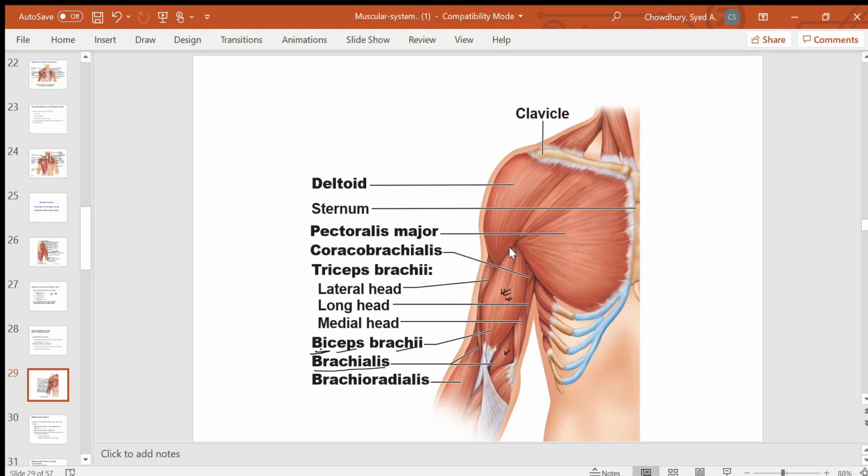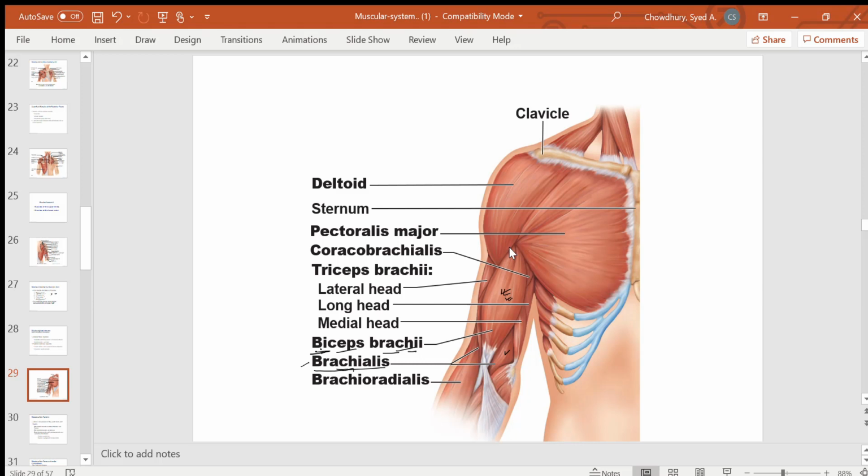You see, all names have brachii or brachial. So, triceps brachii in the back, biceps brachii in the front, and under the biceps brachii, you have another big one that is brachialis, right? So, all have brachii. The reason is this is the brachial part, the arm part, right?